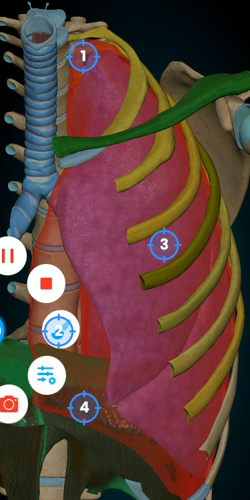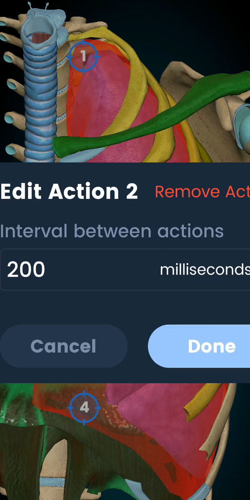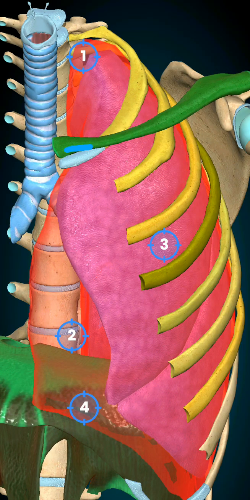So I want to illustrate how it happens there. This is the medial end of the clavicle, but it is about 2.5 centimeters above. So this distance right there, we estimate it to be 2.5 centimeters above the medial end of the clavicle.